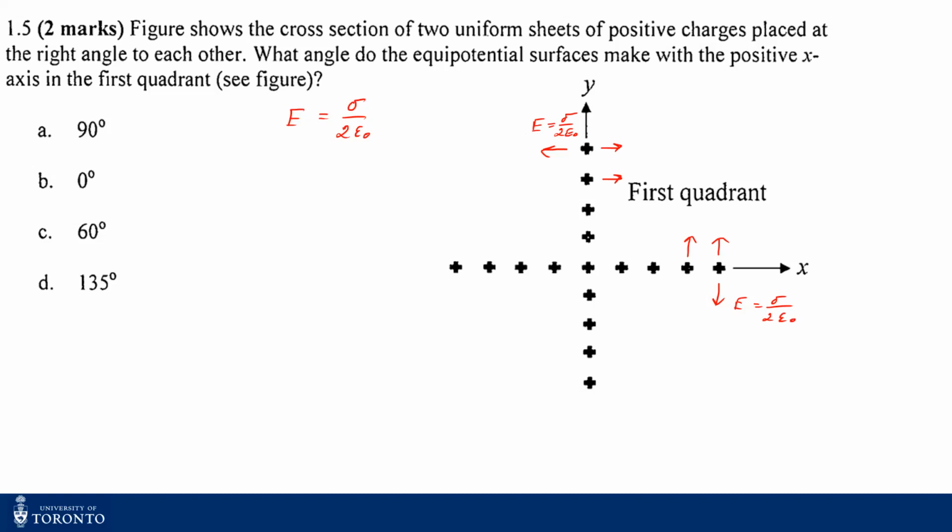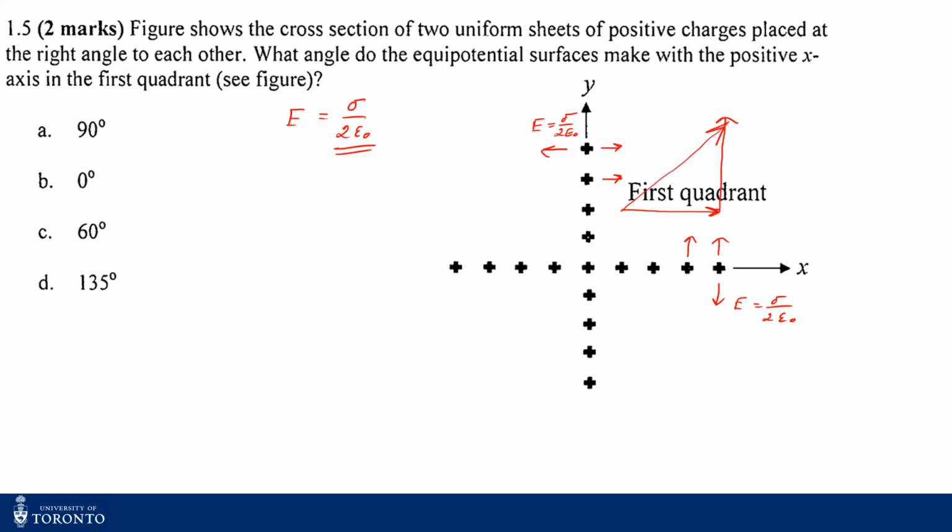Therefore, net, if I see the net electric field, these are not dependent on distance, which means it has a fixed electric field. So for the y-axis sheet, I will have the field in the right hand direction. For the x-axis sheet, I will have it in the upward direction. Therefore the net electric field will be like this, right?